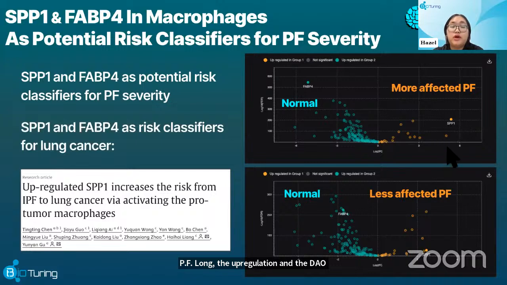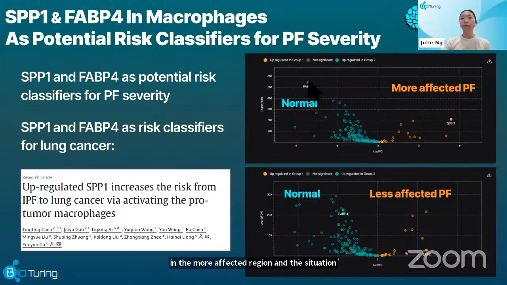For example, for SPP1 in less affected, the log fold change is about 2.5, but in the more affected PF lung, the log fold change is now almost 6. So it's much more upregulated in the more affected region. And the situation is the same for FABP4.